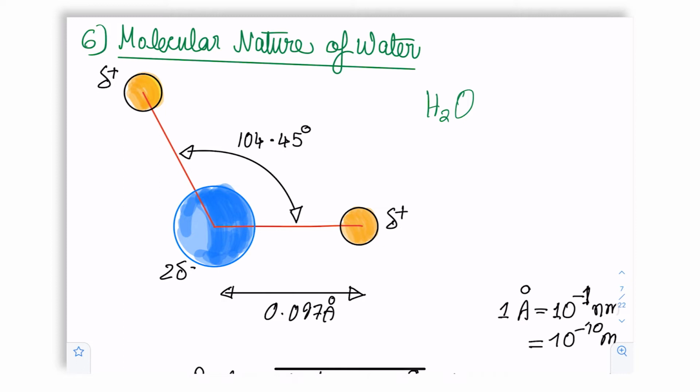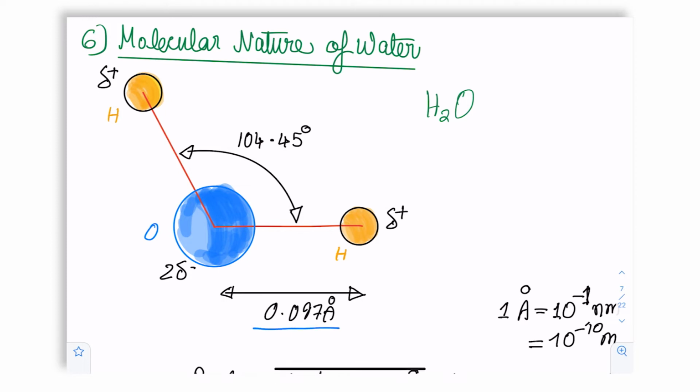The angle formed between these two at the vertex of that oxygen is 104.45 degrees, the vertex, of course, being defined by oxygen. The length of the O-H bond is found to be 0.97 angstroms.